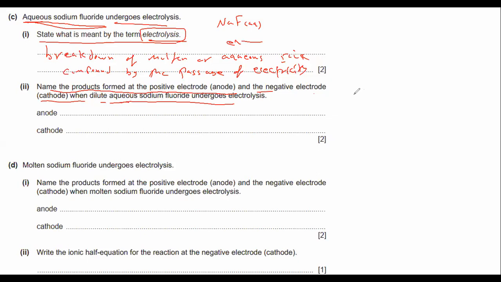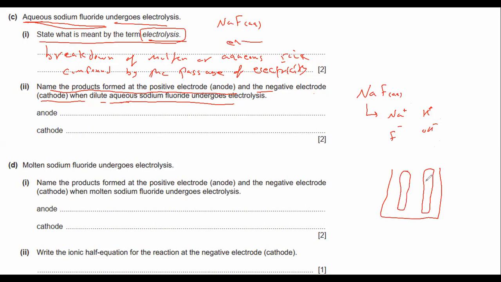Guys, sodium fluoride is NaF, and they say this is dilute. So here we have ions: Na plus and F minus from sodium fluoride, and H plus and OH minus from the water.